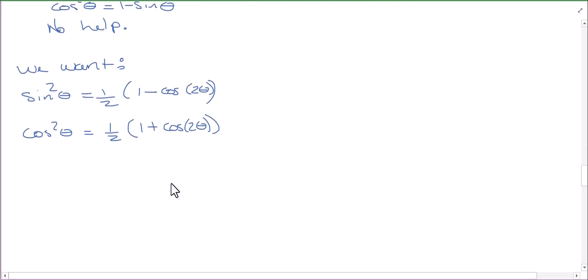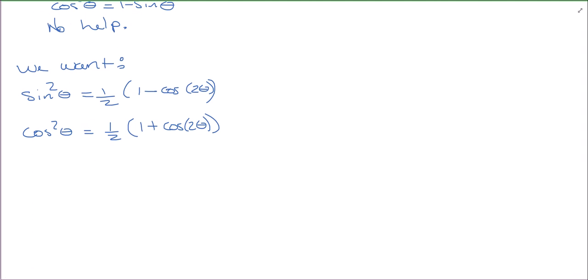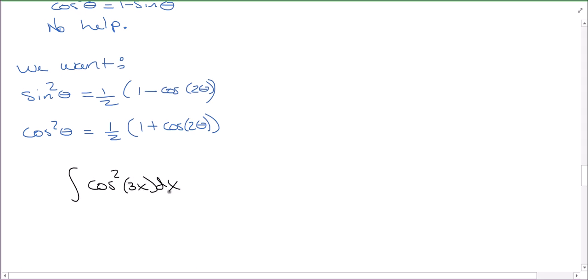So for our case, we have the integral of cosine square of 3x dx. So this is going to become the integral of, instead of cosine squared, we're going to replace it with 1/2, and we're going to double the angle.